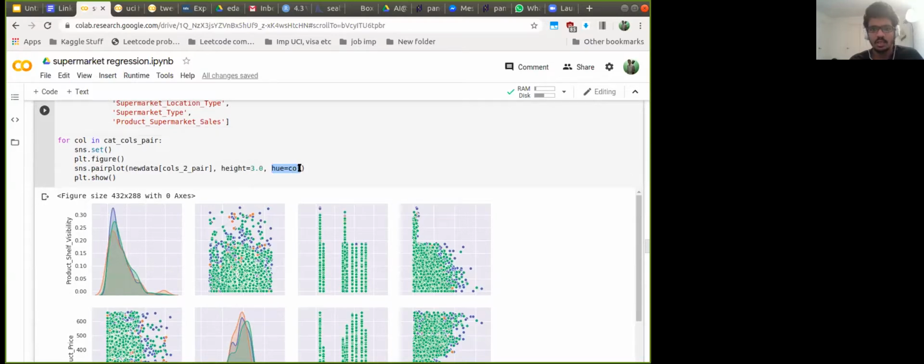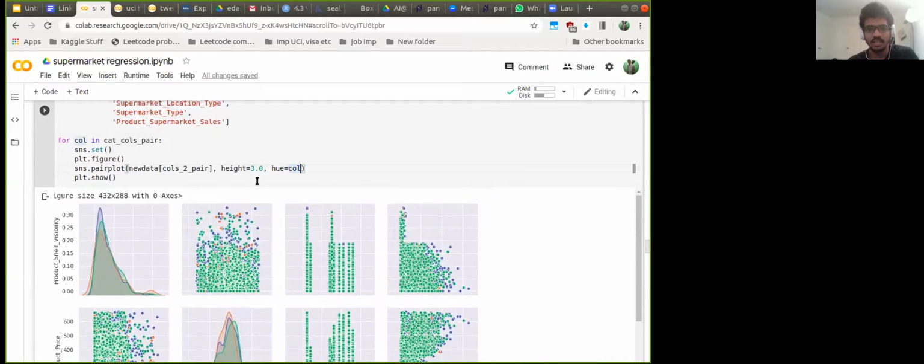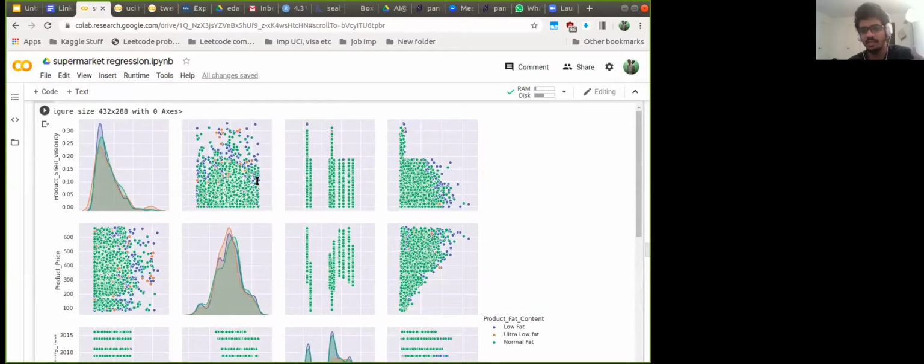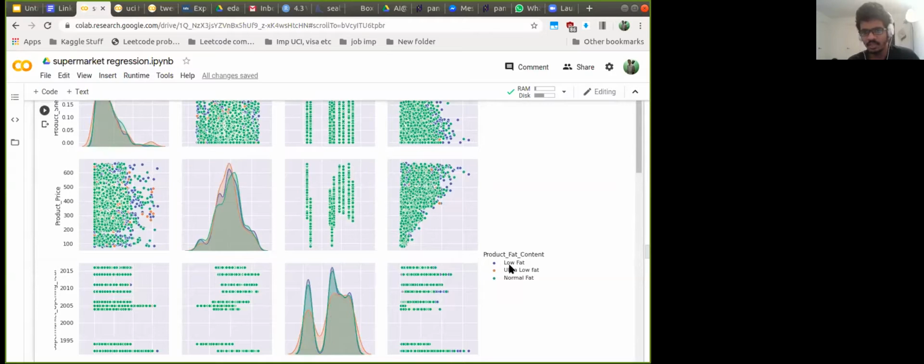Using this, for every numerical feature, we can have the bivariate analysis of that with every other numerical feature, keeping this particular column as the separation. So these colors that we see are each categorical value's category. So this low fat, ultra low fat, normal fat, right? So we have separated them by the category.